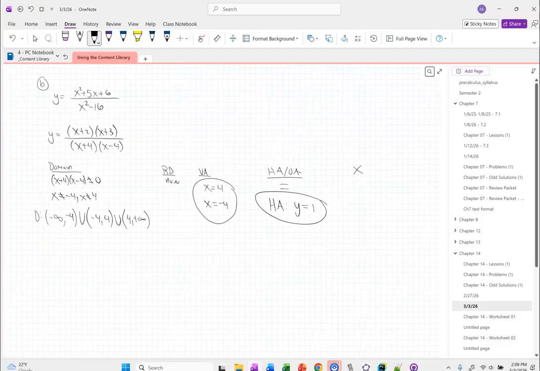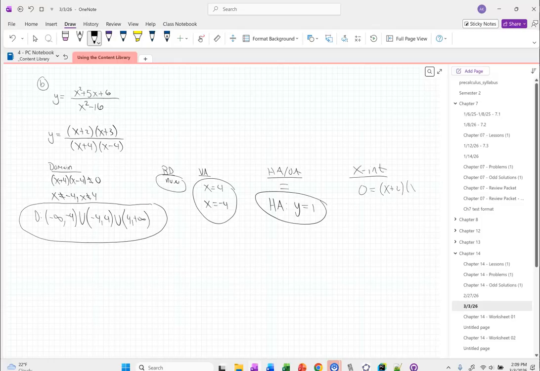All right. Let's do x-intercepts next. How do I find the x-intercept? y equals 0. Great. Which means that I'm just going to be, in reality, setting the numerator equal to 0, since it's one fraction. Notice that I'm using the factored form to do this.